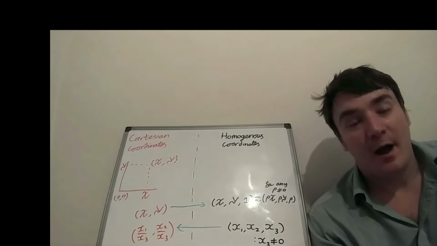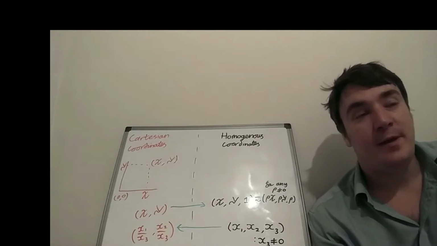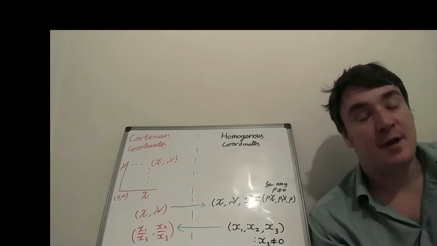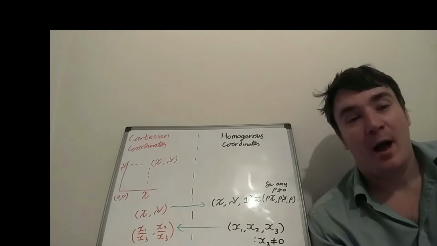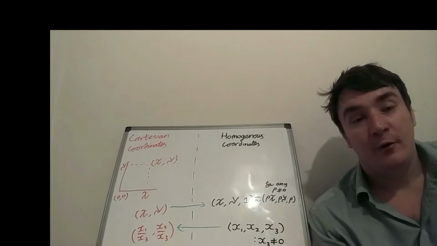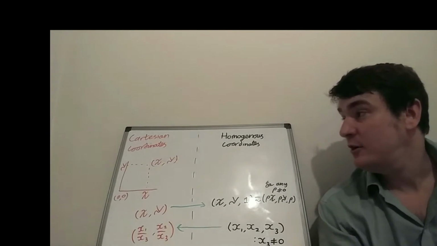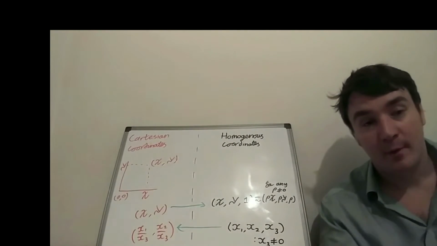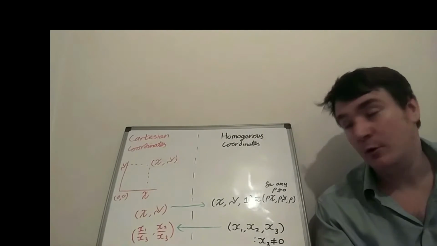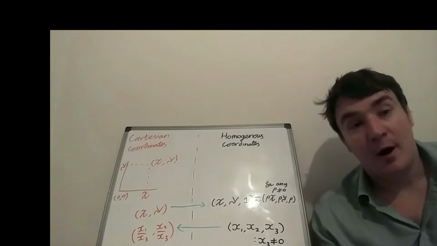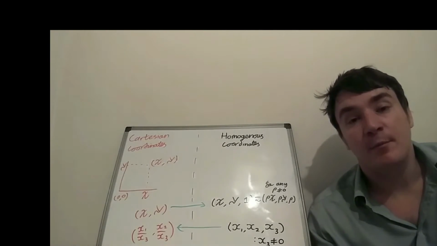Okay, so as I've already said, we can just pick up and run with homogeneous coordinates as an object in their own right, but I feel like it might help you if you've not seen these things before to talk about some connections with Cartesian coordinates, which you probably have seen before. So just to recall, in Cartesian coordinates we describe points of the plane using two numbers.